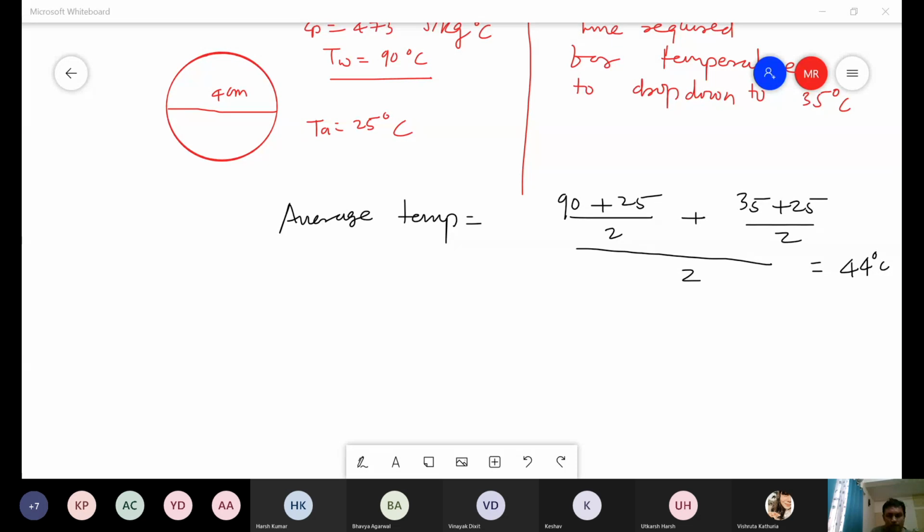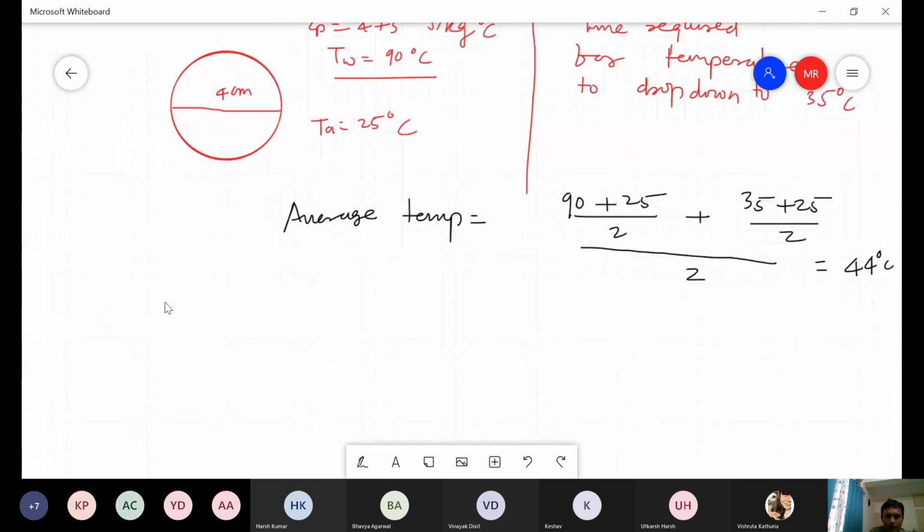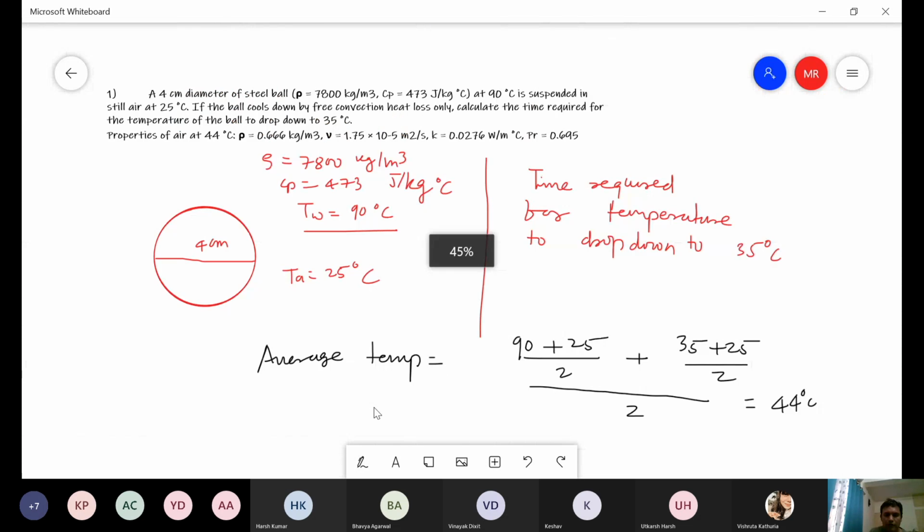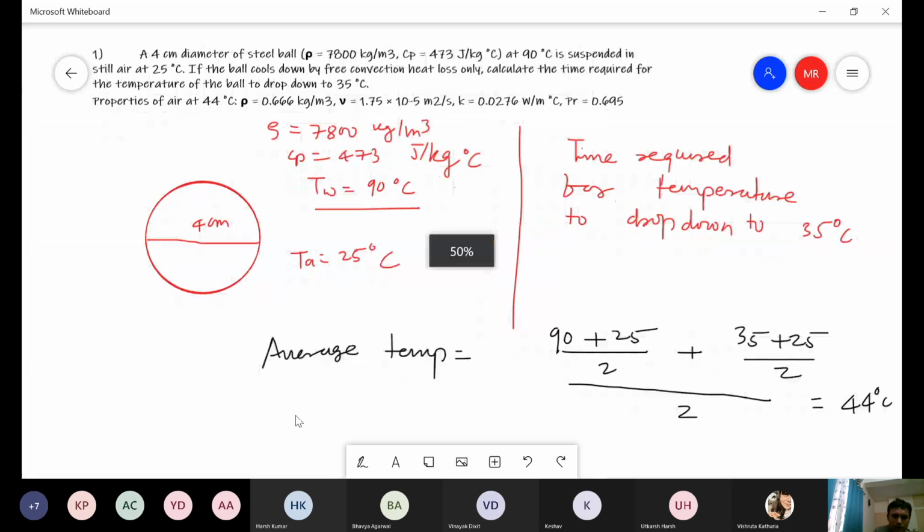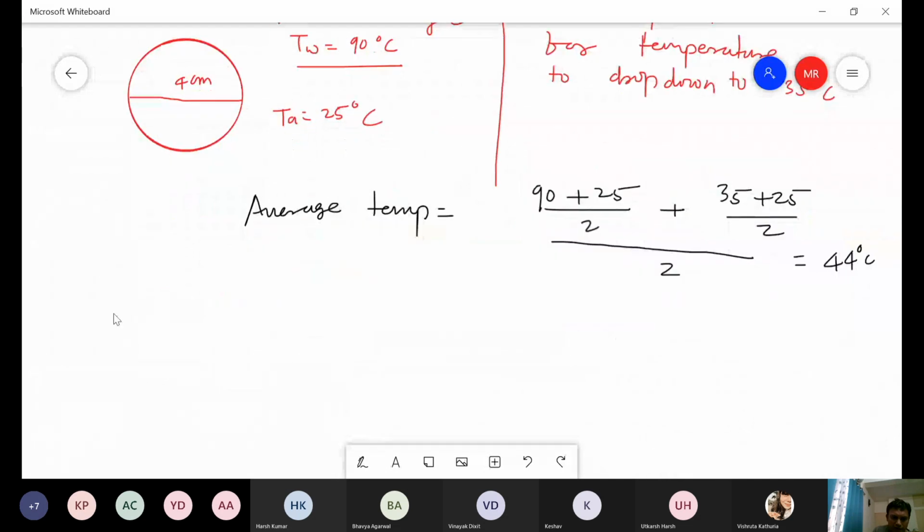So now, in this case, the first thing we have to calculate is the Rayleigh number in terms of diameter.